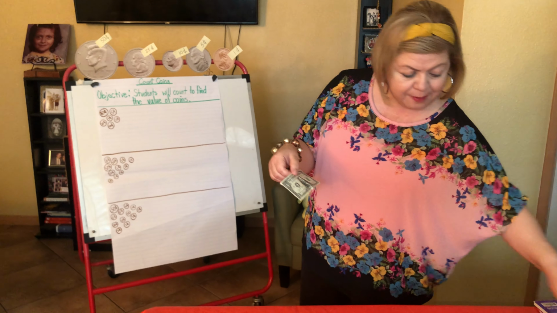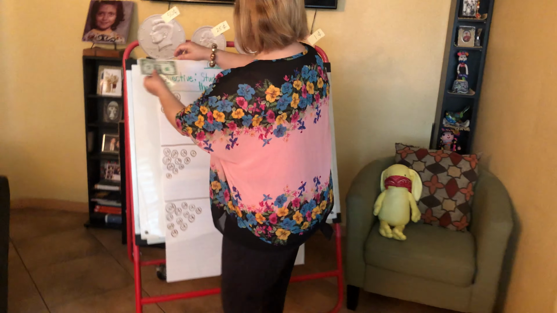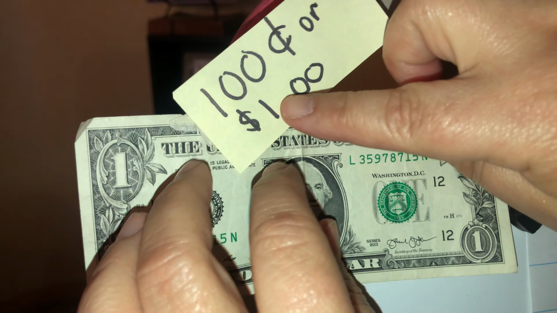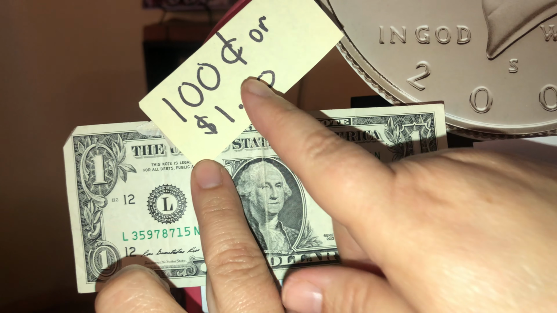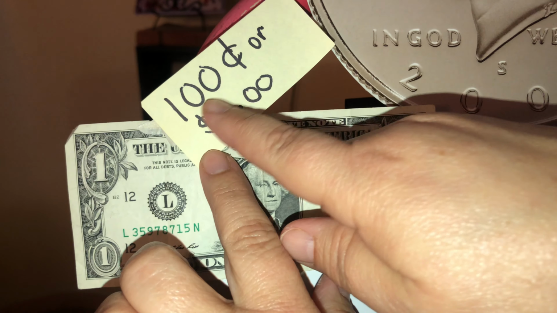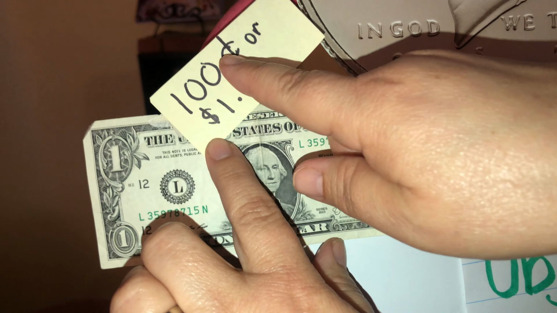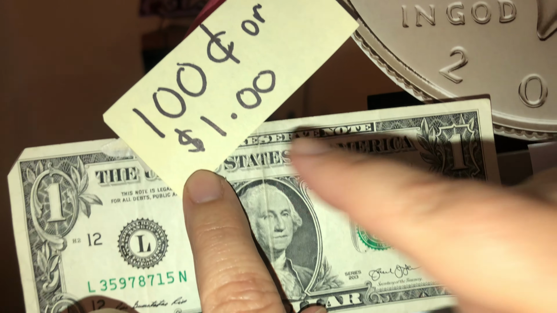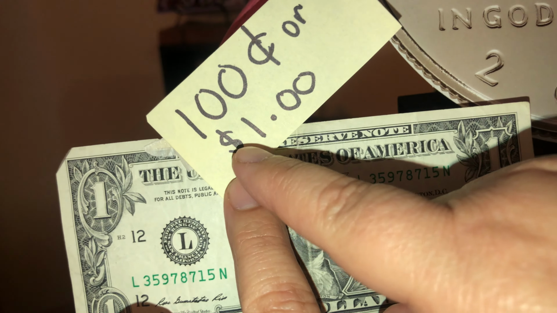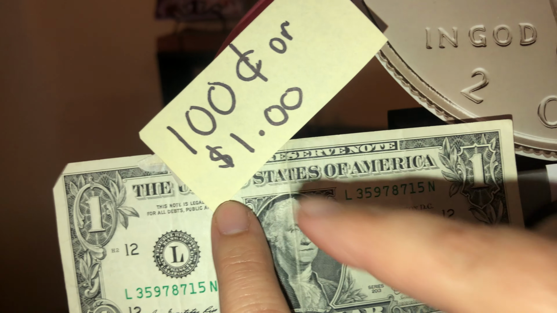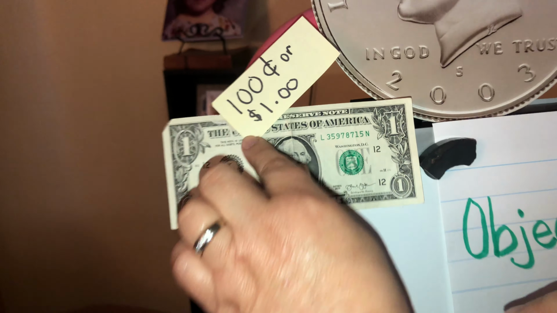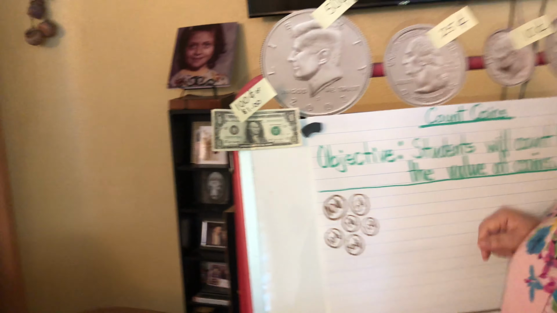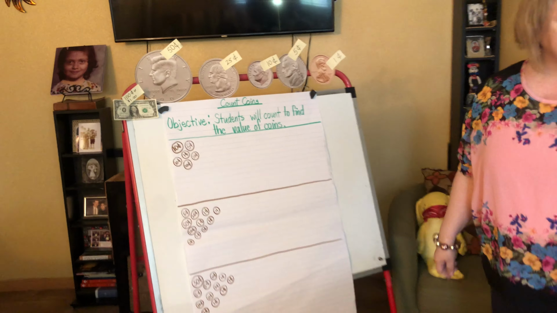So I'm going to put that up here so that we can refer back to it. So 100 cents or $1. If we use the cent sign, we put 100 cents, and we can also call this $1 because that's what it is. This is when we use the other symbol, which is the S with the line going right through it. Okay, so I'm going to leave it up there so that we can refer back to it.